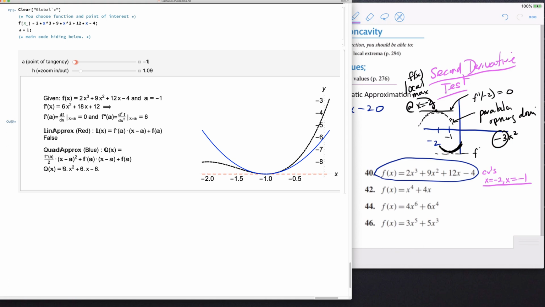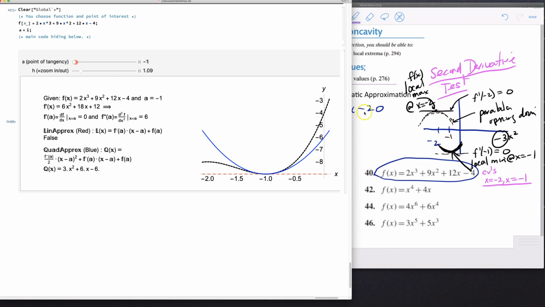And we saw that there was a horizontal tangent line, f prime at -1 is equal to 0. So it's flat, but also the function seems to curve up there. And in this case, we would say that the function has a local minimum at x is equal to -1. Okay, so that's just what is going on with these functions near -2 and near -1.